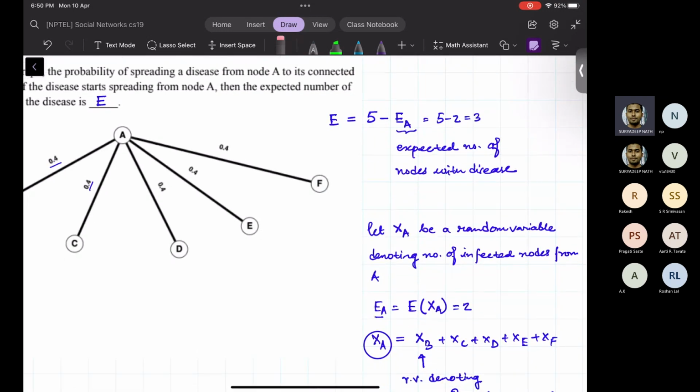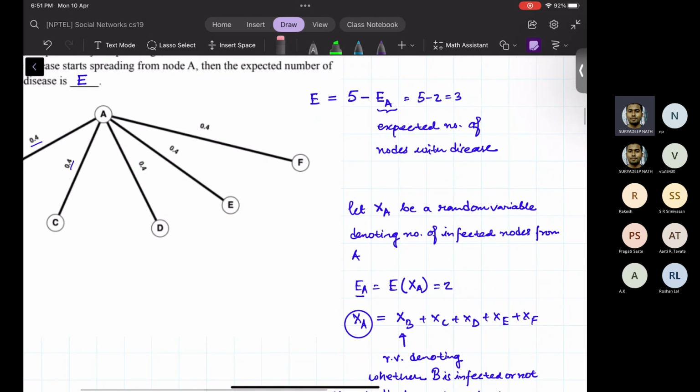Now let's say XA is a random variable denoting the number of infected nodes from it, and EA is basically the expectation of this random variable, E of XA.